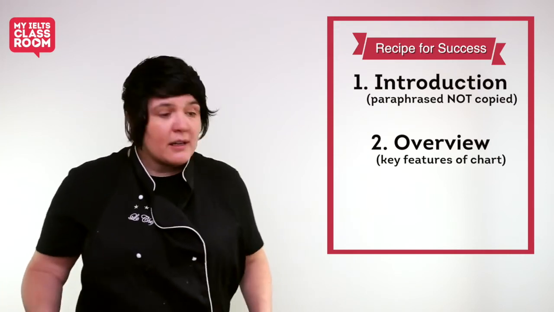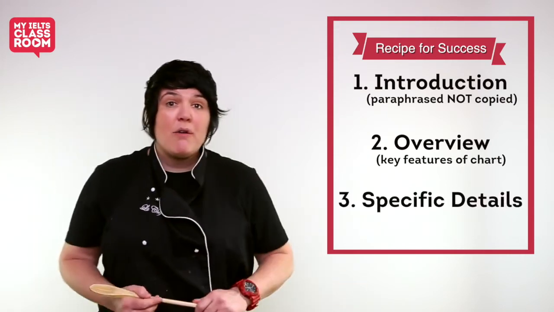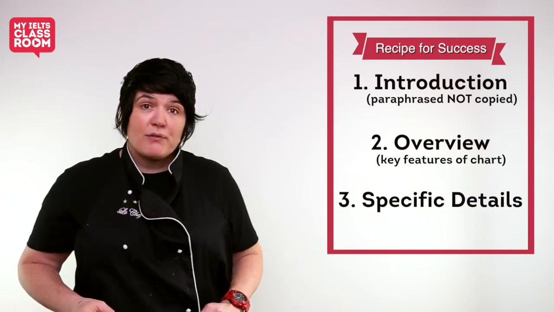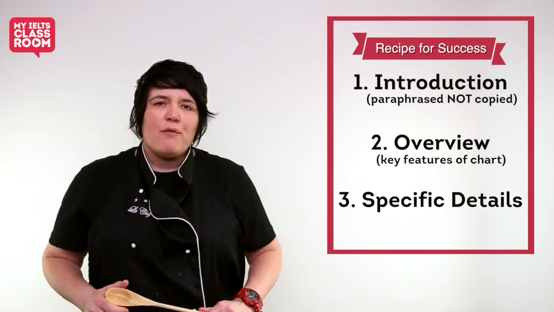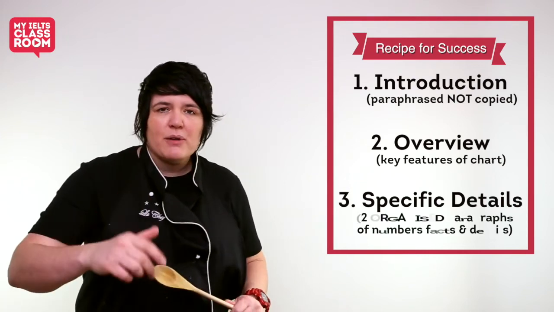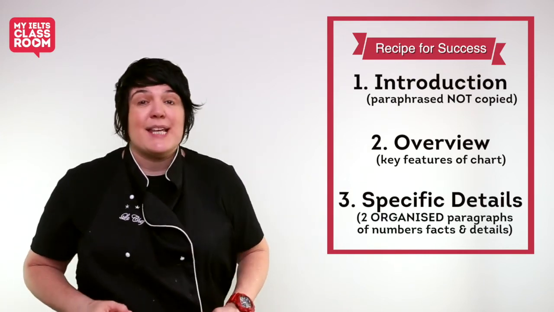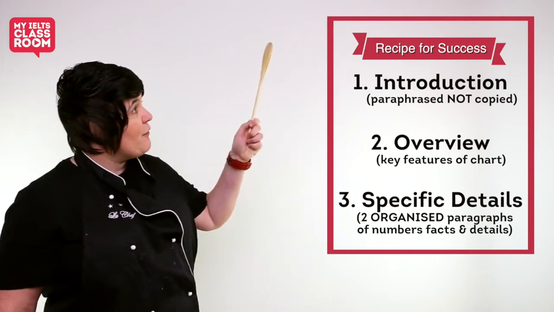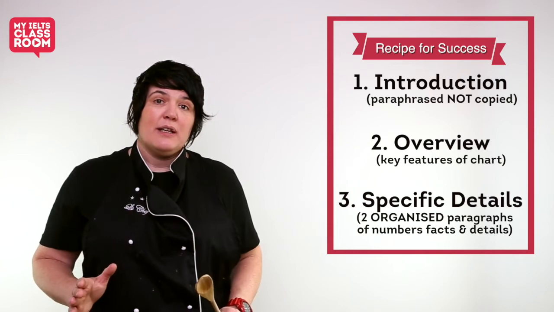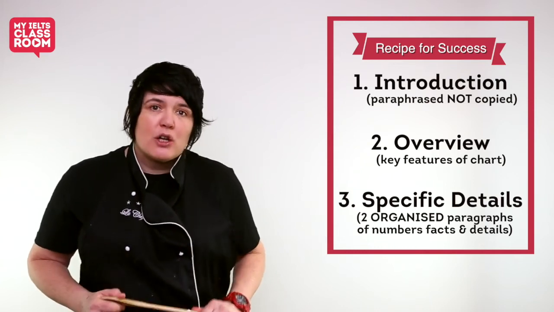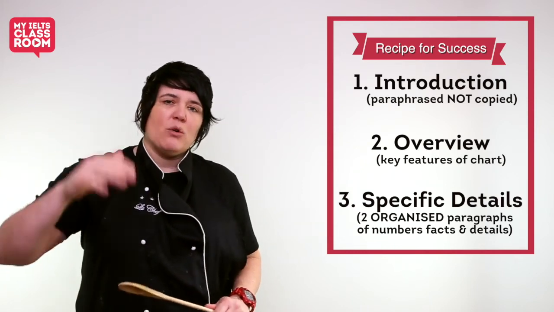And finally, 2 paragraphs or maybe 3 paragraphs that give the specific details of the chart. The numbers, the facts, the statistics. And if you follow this recipe for any type of chart, you will have a good chance of receiving a high score.